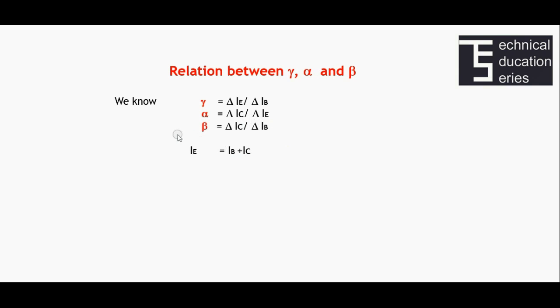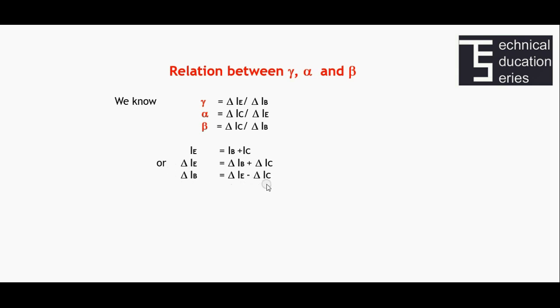And we know IE is equal to IB plus IC, or we can write delta IE is equal to delta IB plus delta IC, or delta IB is equal to delta IE minus delta IC.